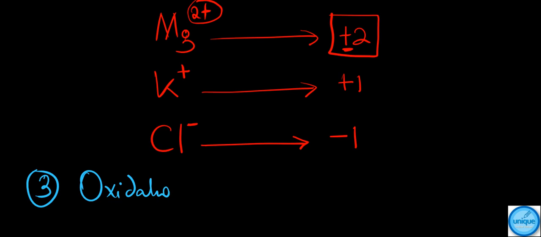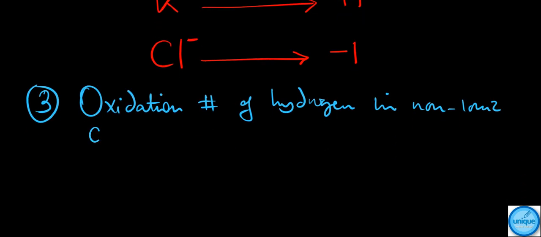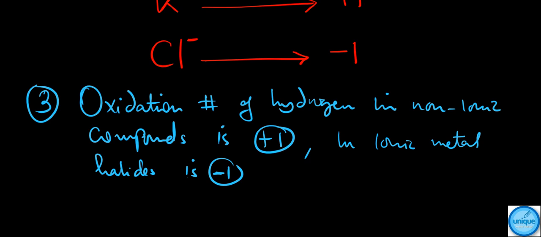Another rule says the oxidation number of hydrogen in non-ionic compounds is +1, whereas in ionic metal halides, the oxidation number of hydrogen is again -1.